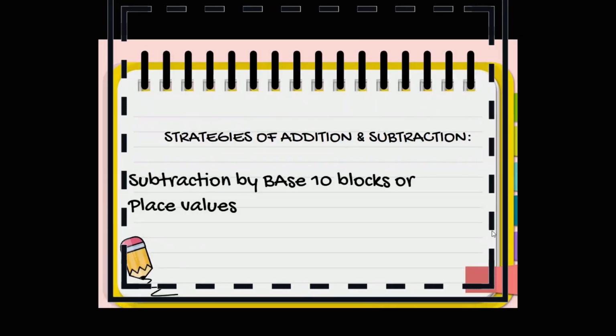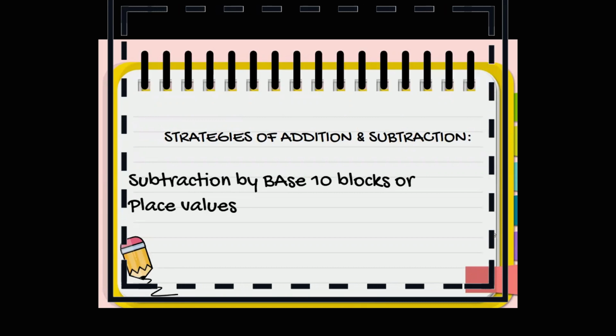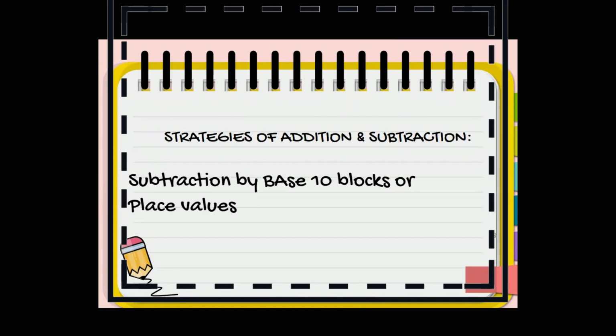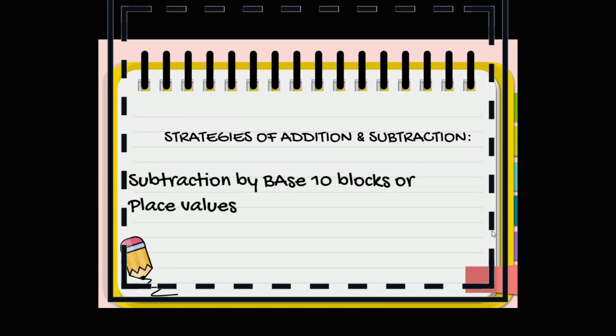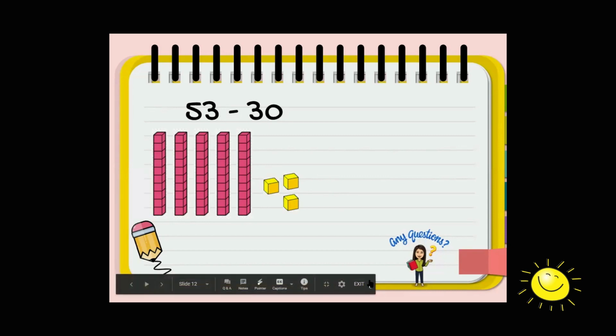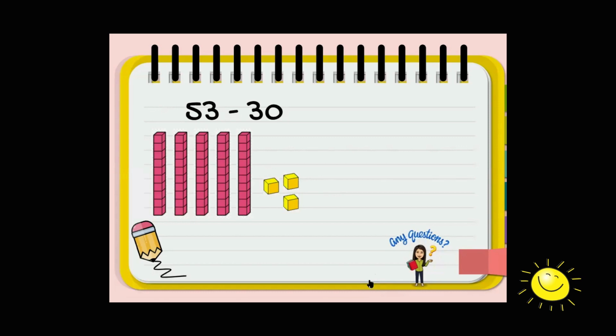Okay, class. So now we are going to learn a new strategy. It is called subtraction by using base 10 blocks and place values. Okay, suppose your number is 53 minus 30. So there are 5 tens and 3 units. We are breaking the number 50 into groups of 10 and 1 like we always do.